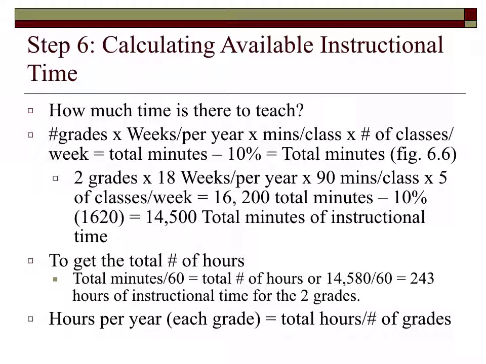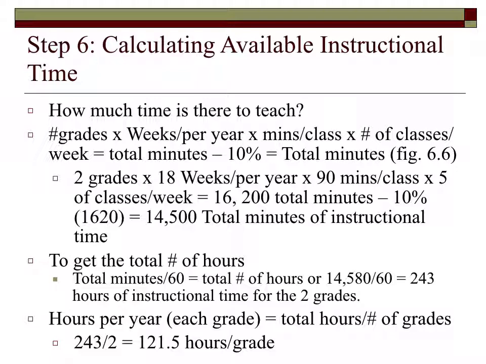So we have hours per grade equals the total hours divided by the number of grades. So we have 243 hours divided by 2 grades, so we have 121.5 hours per grade. Okay, pretty straightforward. It's just simple math.